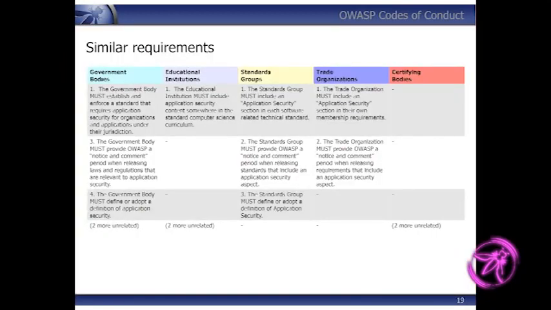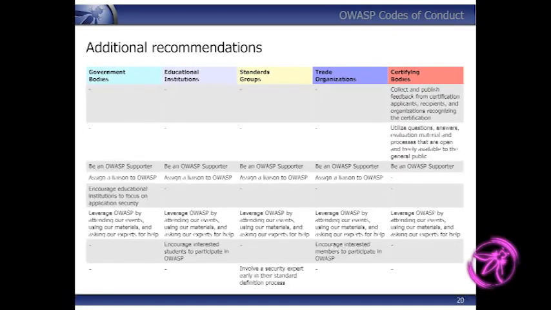You can see there are some interrelationships between some of these things. There is some similarity about notice and comment periods. There are some things that are unique to each code of conduct. So those are the mandatory things within the codes of conduct. We also have some additional recommendations in each of them. So these are suggestions, not necessarily requirements.